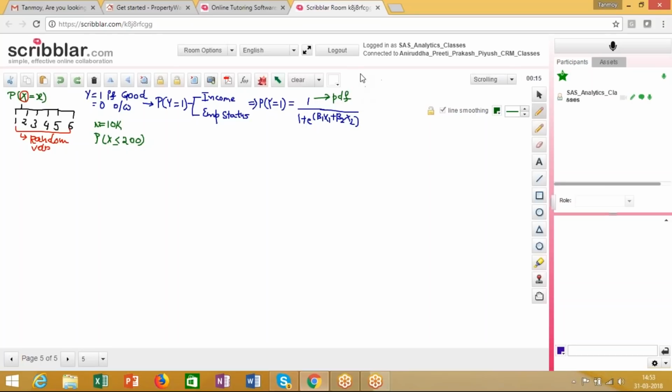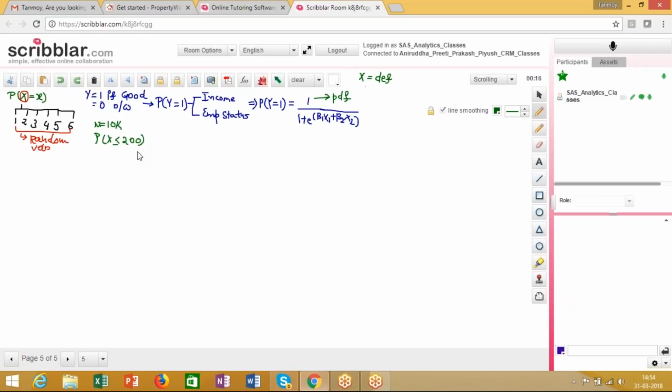So x is default. If default happens, then I will say that success has occurred, else I will say that failure has occurred. Now observe this outcome. The outcome is the number of defaults: one default, two defaults, three, four, five defaults, like this.